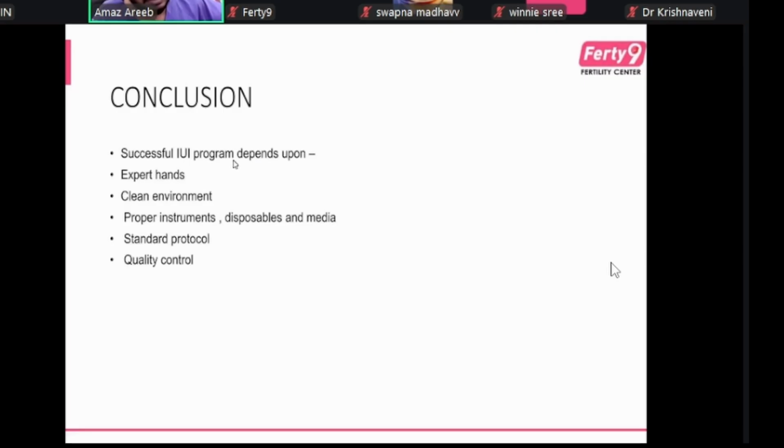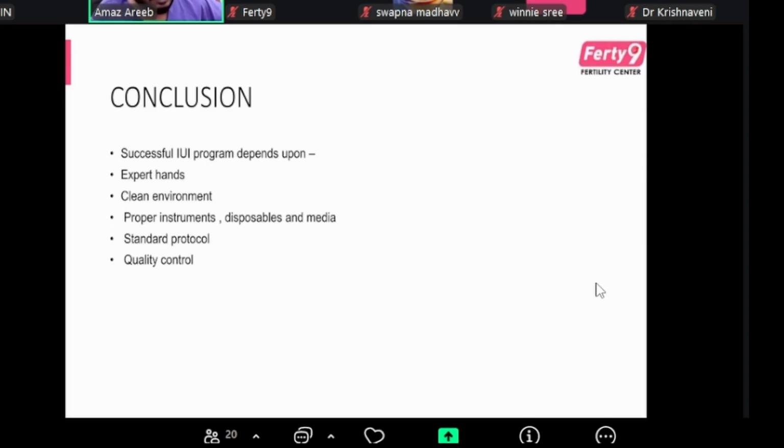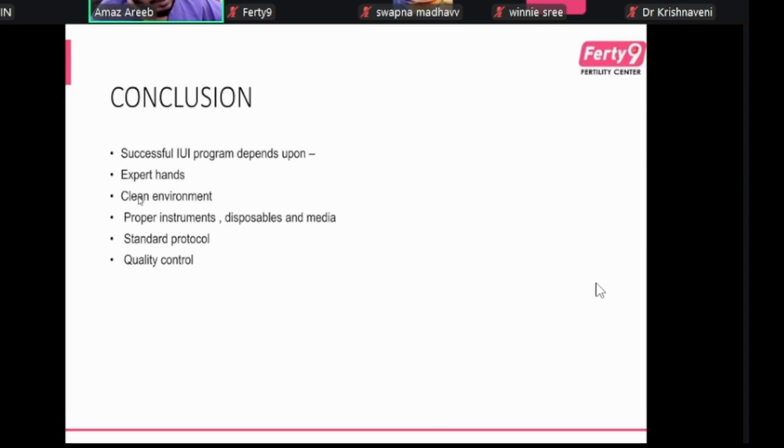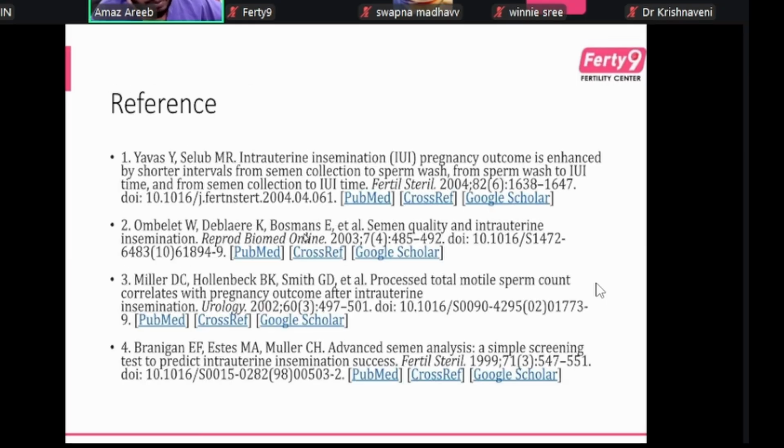In conclusion, a successful IUI program completely depends on the expert hands, that is majorly composed of the doctors, then the andrologist, and a clean room with sterile maintenance and proper instrumentation, disposables and media with proper AMC, annual maintenance service done, and quality check, quality control, quality assurance, and standard SOPs and protocols.